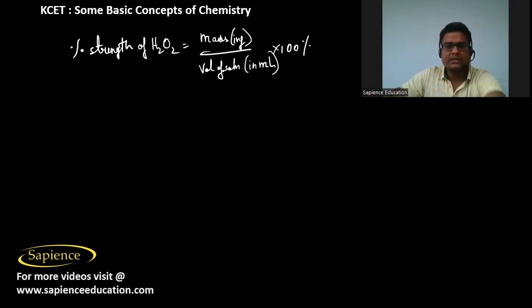So that we have to find. It means that in 100 ml of H2O2 solution, how much mass of H2O2 is present. That is called the percentage strength of the H2O2 solution.